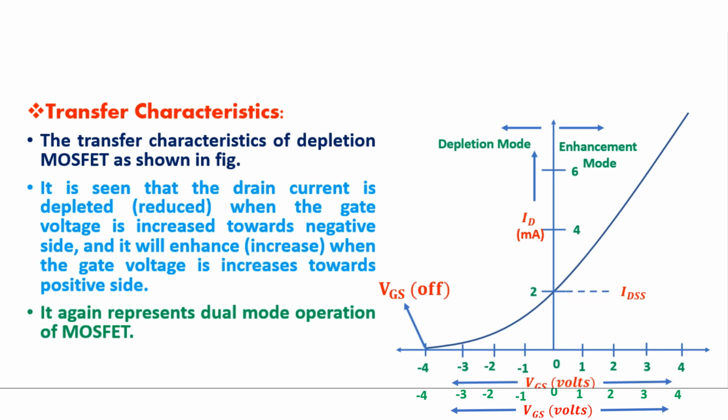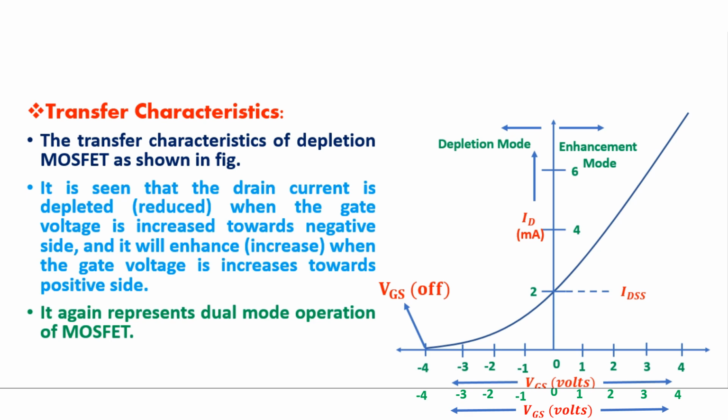It again represents dual mode operation of the MOSFET. A transfer characteristic is a graph between the input gate to source voltage and the corresponding drain current for a constant value of drain to source voltage, that is VDS.